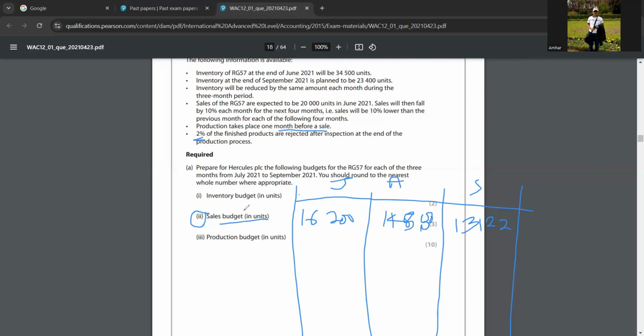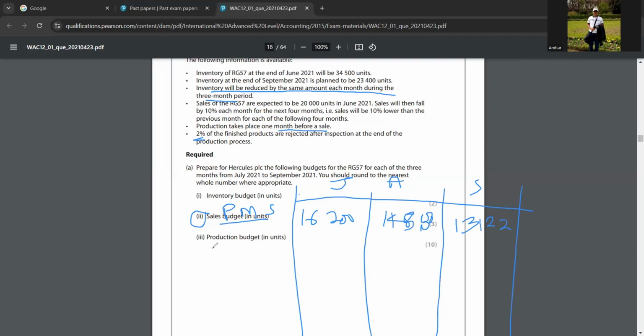So here you have to put previous month sales. So anything that's comfortable for you, you can write previous month sale. I am writing it as previous month sale. Now next one, inventory adjustments. Now look at this. Inventory will be reduced by the same amount each month during the 3 months period. So can you remember in A part first one, we got a value as 3,700, the adjustments that we did?